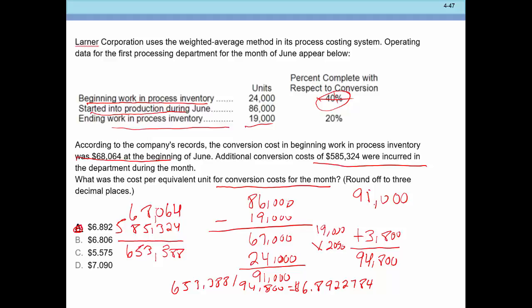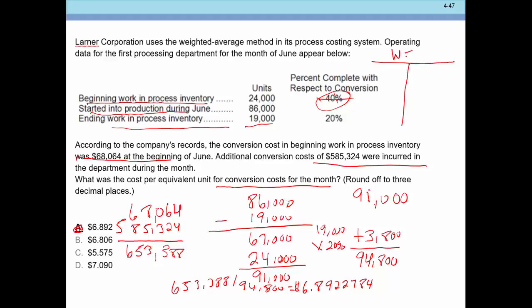Okay, so what happens? You have this number here, this 6.8922784, and I want to make a journal entry with this number, don't I? Accountants do it with journal entries. So I'm going to put myself a T account over here, work in progress.